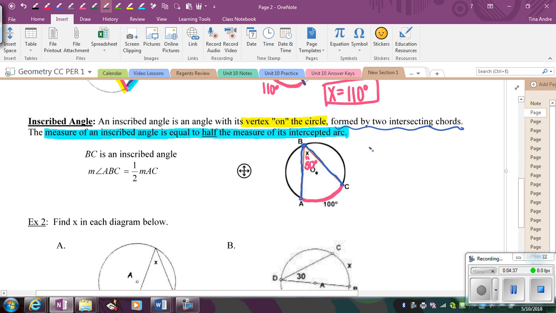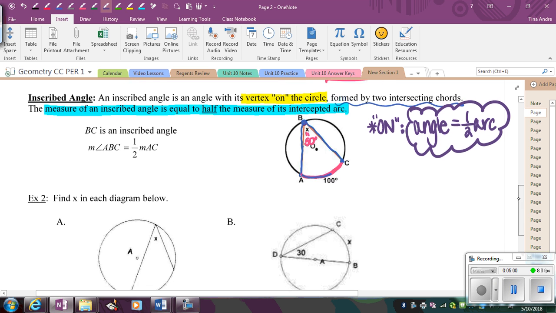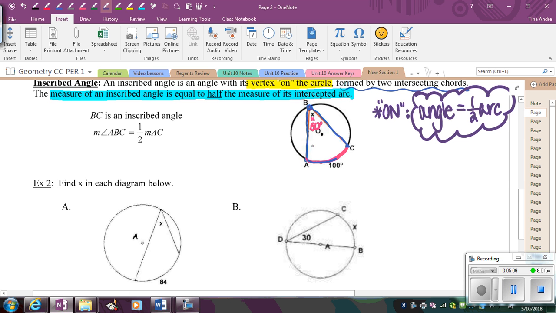What I sometimes call these is on angles, meaning the vertex is located on the circle versus on the center of the circle. For these on angles, the angle is equal to 1/2 of the arc. That's the formula you want to remember. It's inscribed because the vertex is located on the circle.